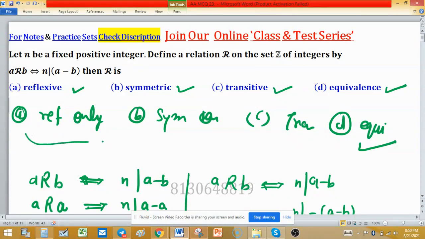So we can't opt for any option other than equivalence relation.